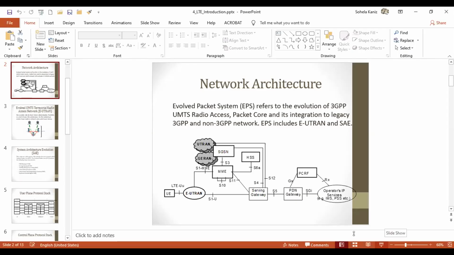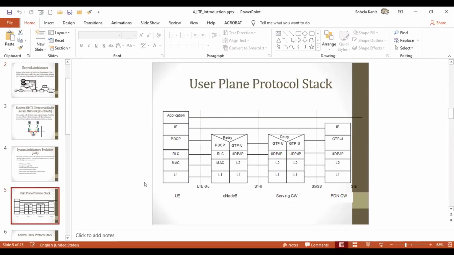Now when you show these layers in the model, it is called the protocol stack. Now you see, you have the phone, the UE, and layer 1, which is the physical layer.